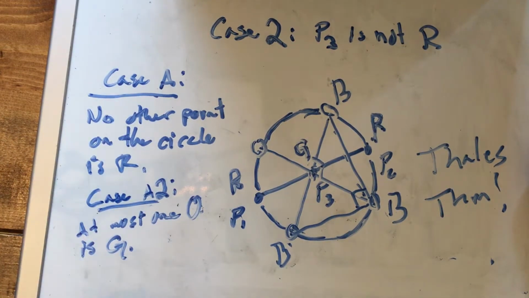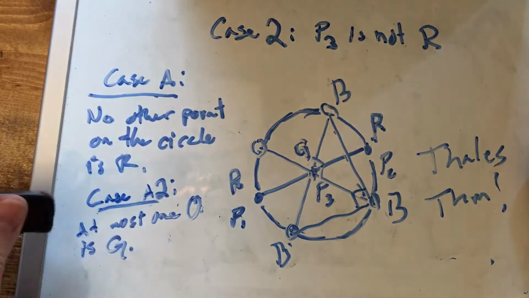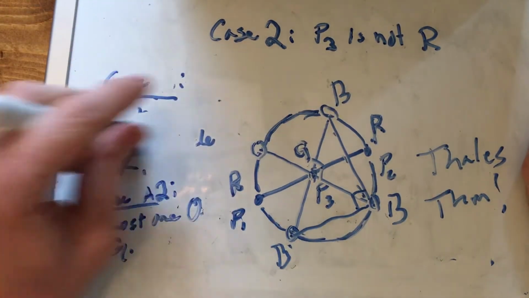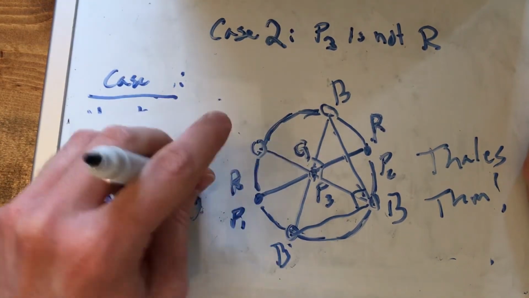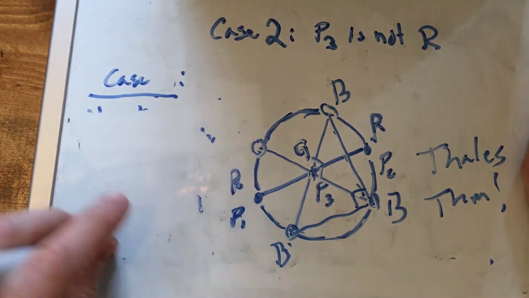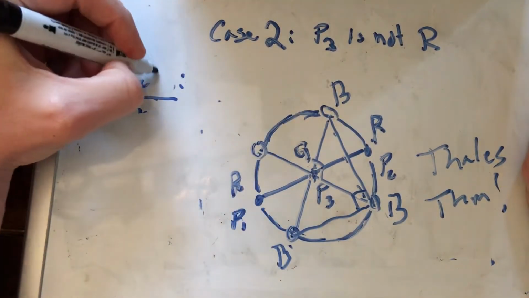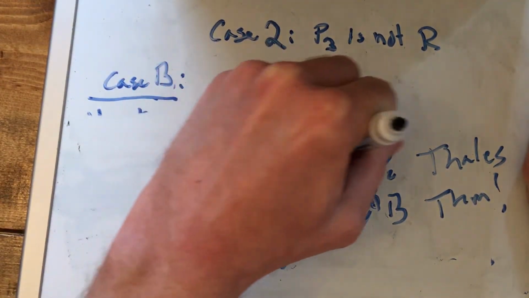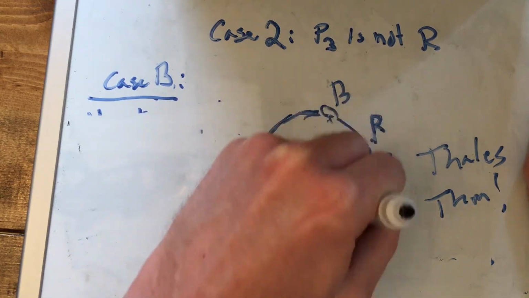And in fact, that takes care of case A. And case B follows pretty quick, and this is again by Thales theorem. So case B, we have at least one other point on the circle is red.